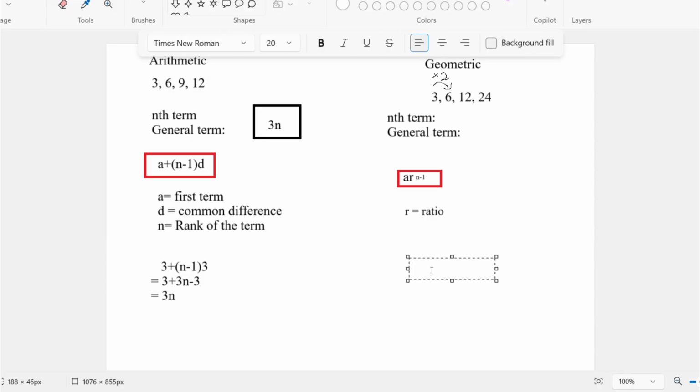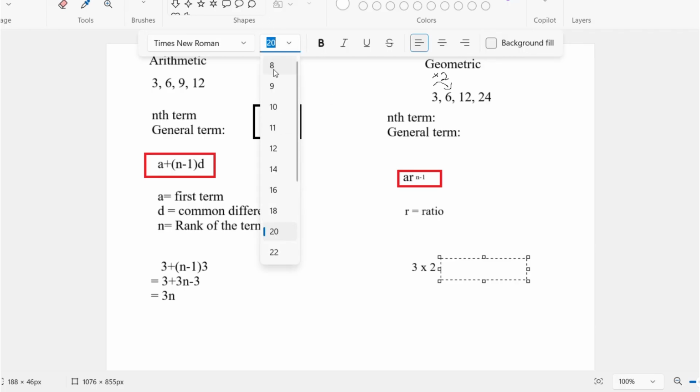So we're going to sub the values in. 3 times 2 to the power n minus 1.